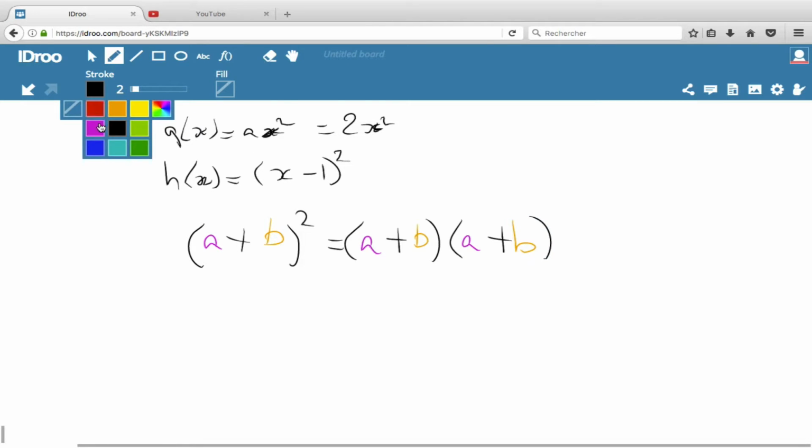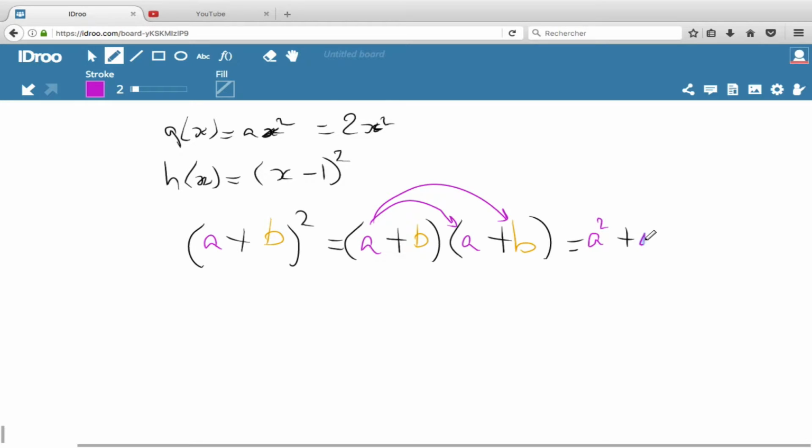So that means this guy will multiply this, then this one. So we've got a to the square plus a times b plus, this guy will compute with this guy and then with this guy.